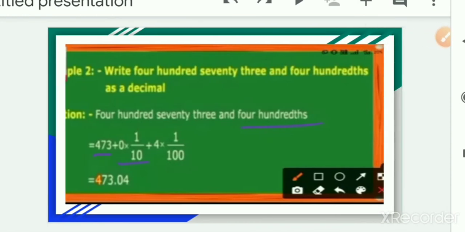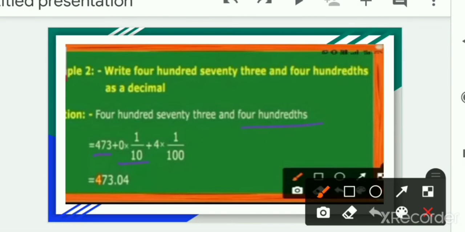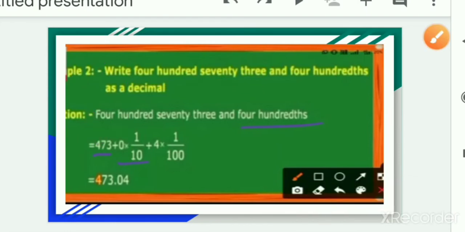We have to write 473 and 400ths as a decimal. Okay, it is saying write 473 and 400ths as a decimal, right? So it is already saying 473.